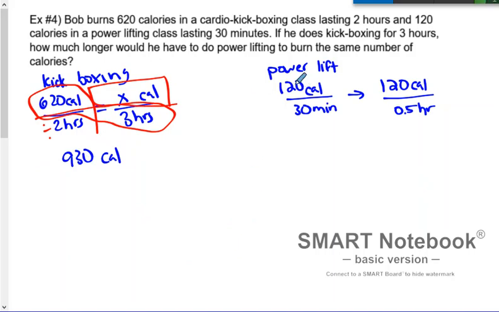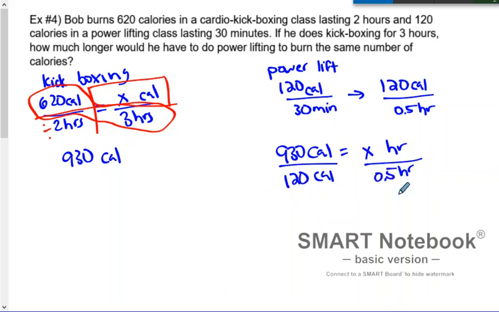All right, so let's see how long it'll take us to burn 930 calories in powerlifting. So I have 930 calories that I want to burn, and I want to know how much time that's going to take. So we have time in hours, so lining up our units. When I'm powerlifting, I can burn 120 calories in half an hour.